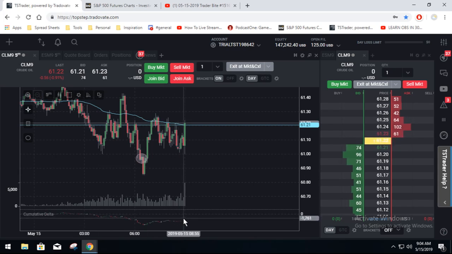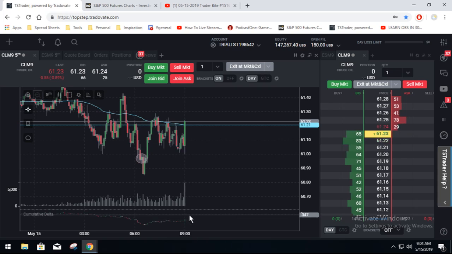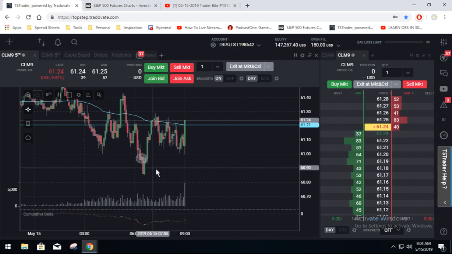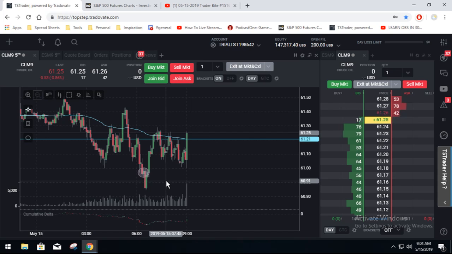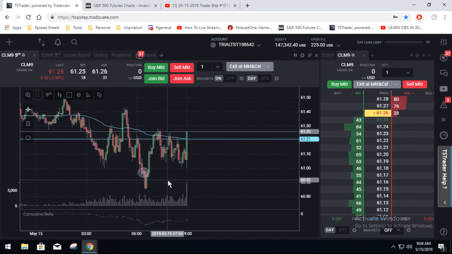You can see delta built, positive on contracts now. Be patient.